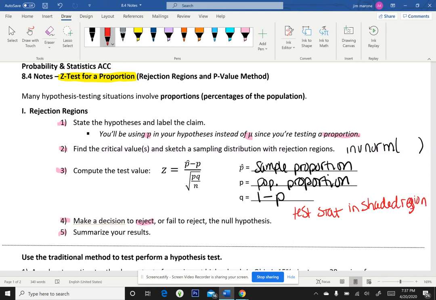So if the test statistic is in the shaded region, we reject the null hypothesis. And if the test statistic is not in the shaded region, we do not reject the null hypothesis. Remember, we're always talking about rejecting or not rejecting the null hypothesis. And then summarizing our results is one of those 4 statements that are in your table.